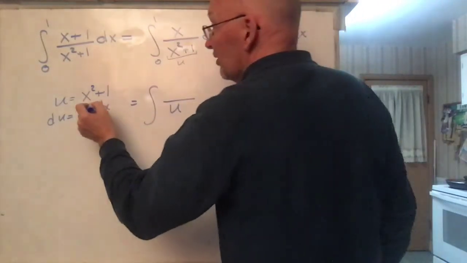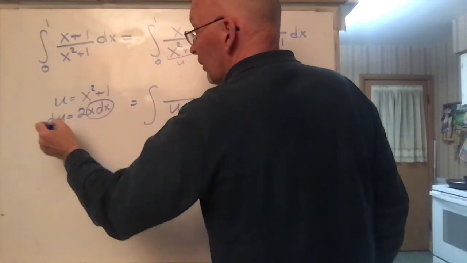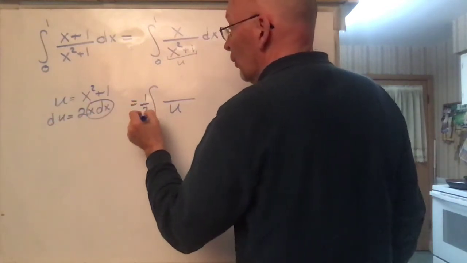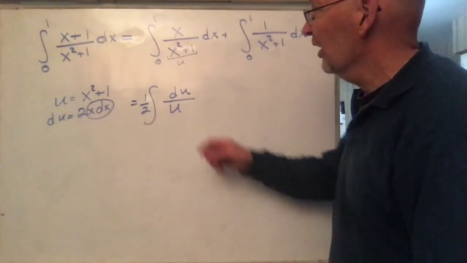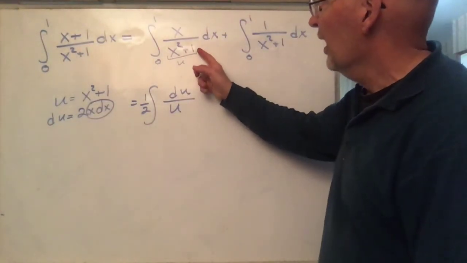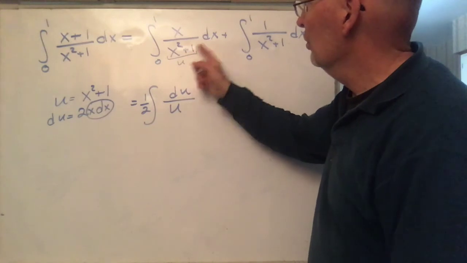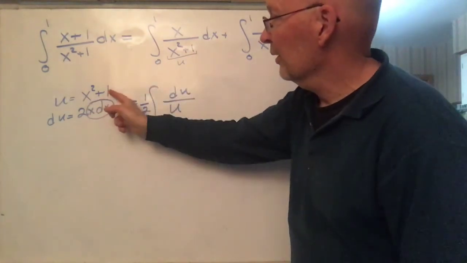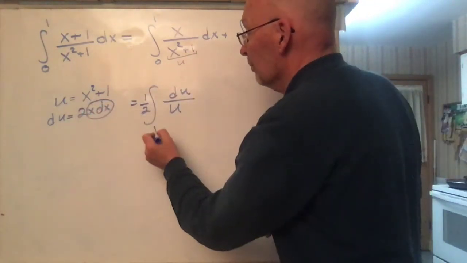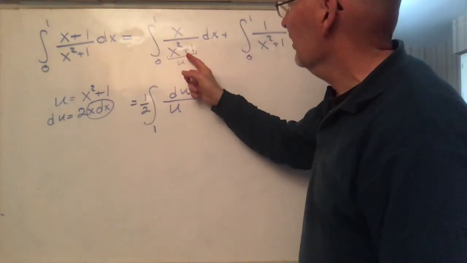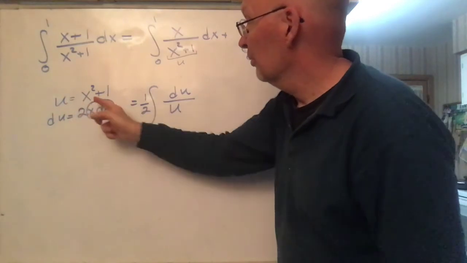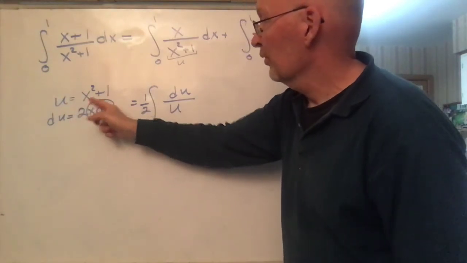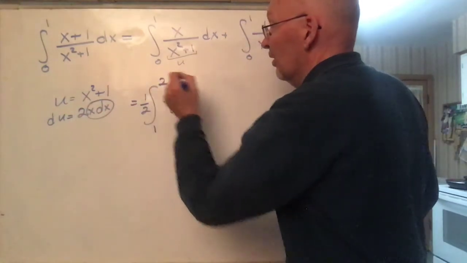X dx is going to be 1/2 du, so you can bring the 1/2 out front. Du there. Make sure you change the limits of integration. When x is equal to 0, u is going to be 1. And when x is equal to 1, u is going to be 2, right? 1 squared plus 1 is 2. So you're going to get that.